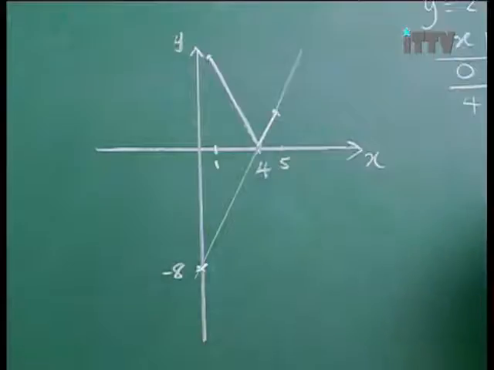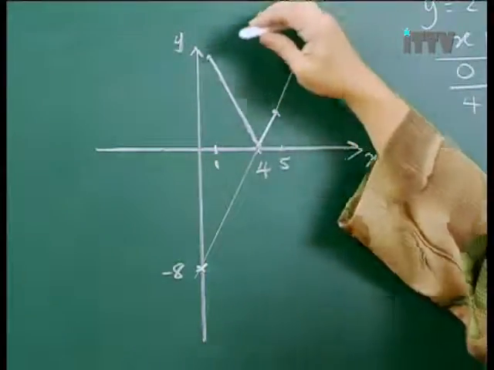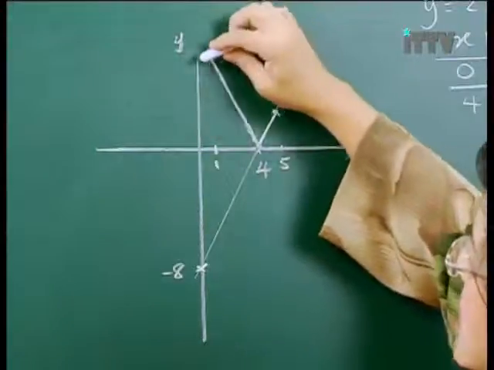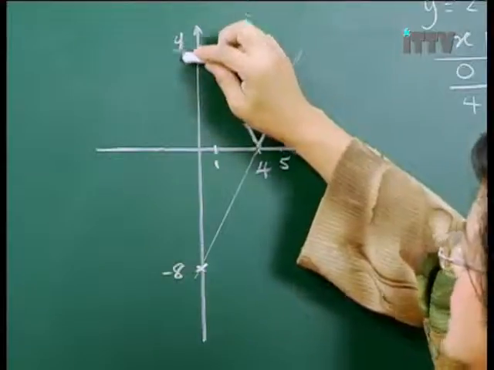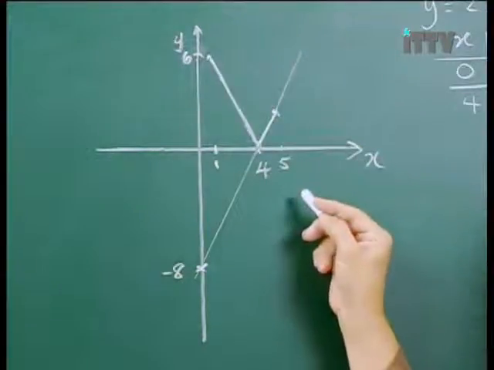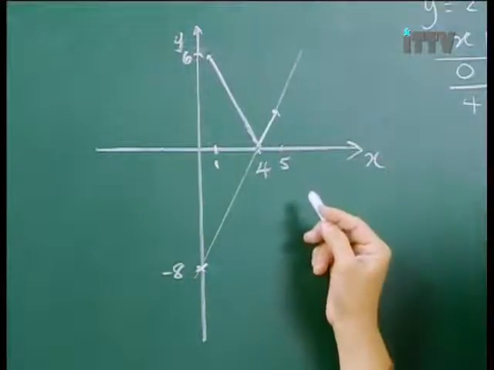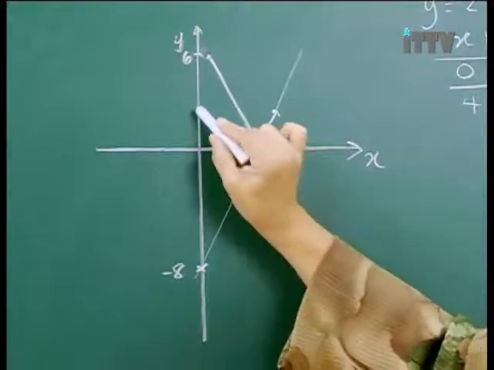And from the table of values previously, we know that when x is equal to 1, the y-coordinate would have been equal to 6. Let me just label that over here. When x is equal to 5, previously taken from the table of values, the y-coordinate would have been 2.